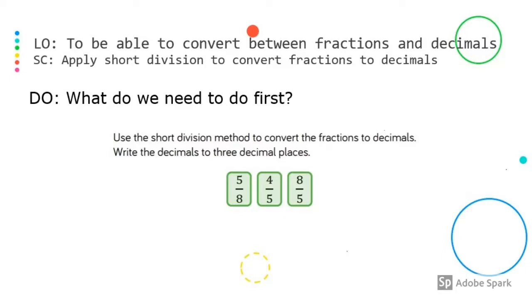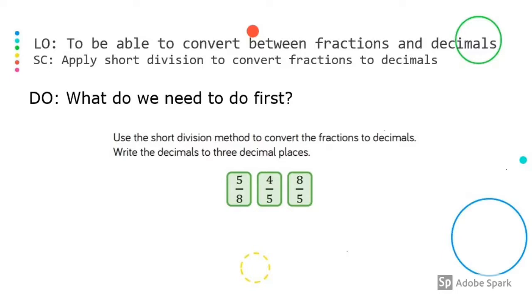The numerator gets divided by the denominator. You might want to think of the fraction bar in the middle as kind of like a division sign. So, you will need to draw out a bus stop ready for short division. Inside the bus stop, you're going to write 5. Outside the bus stop, you're going to write 8.